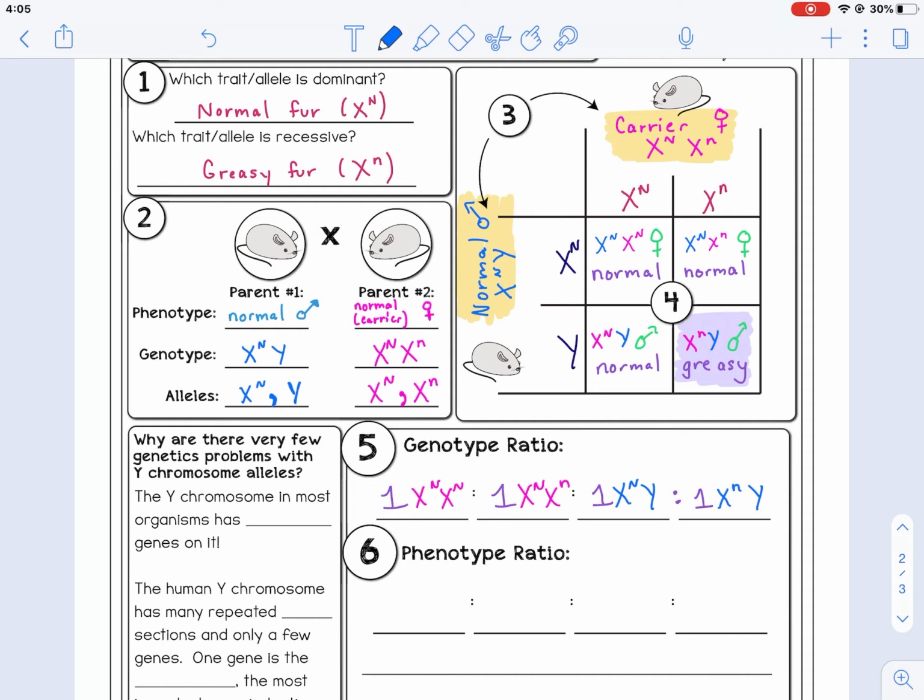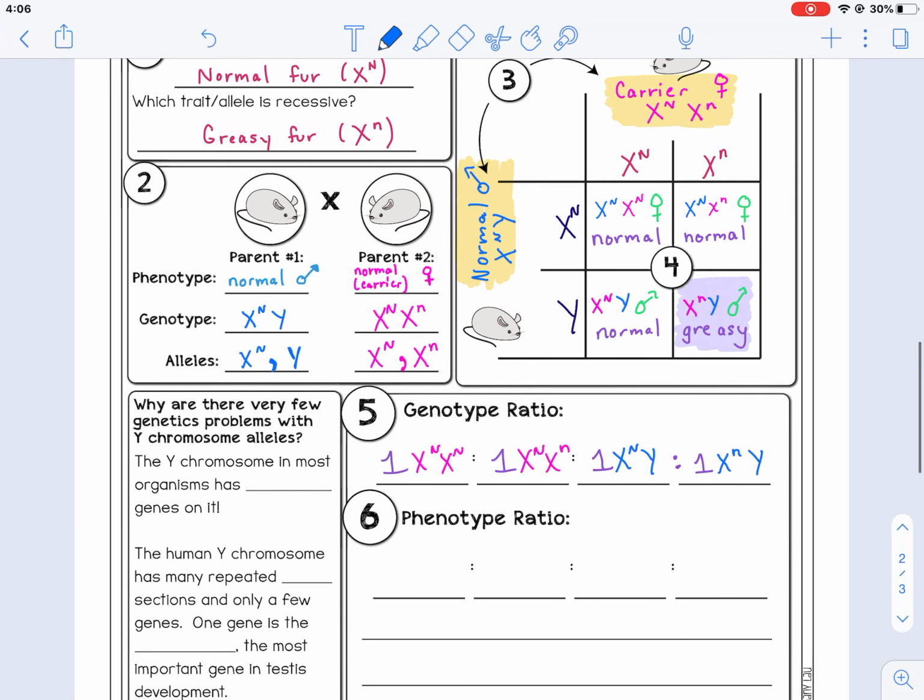Now remember, that doesn't mean that the box represents one offspring. It's that the whole box, all 4 squares together, represent 100% of the offspring. So each box would represent 25% of the offspring.